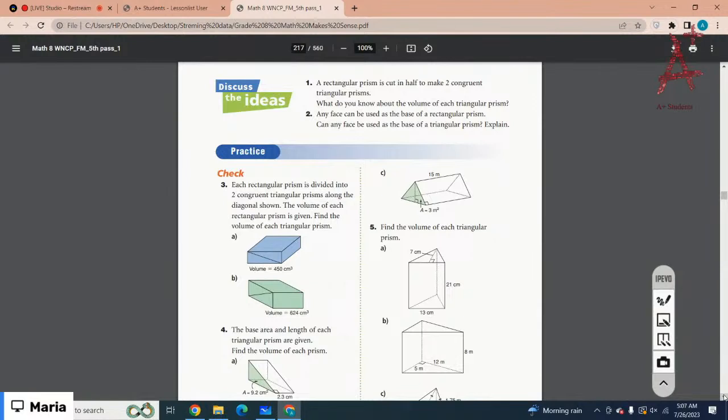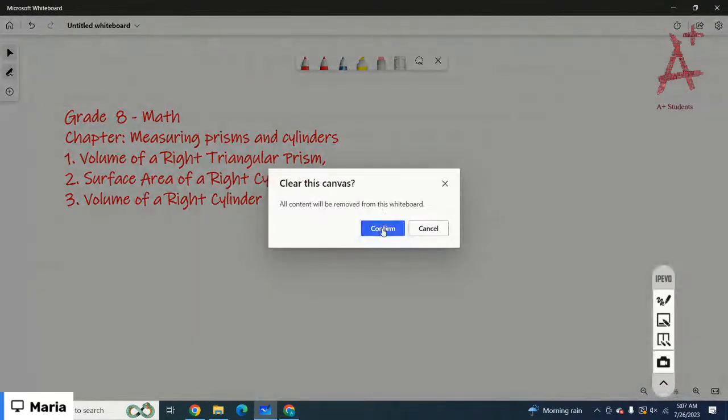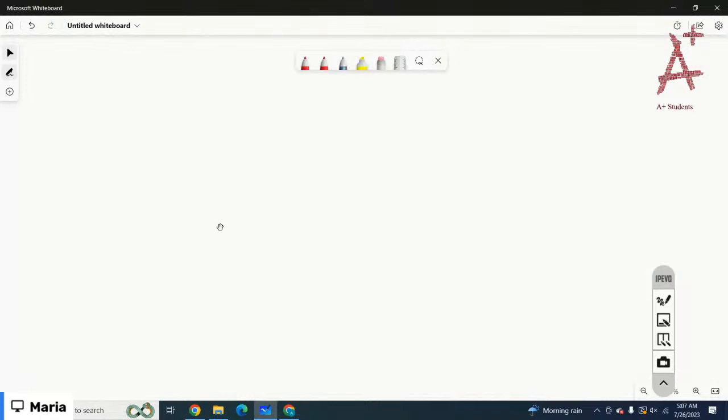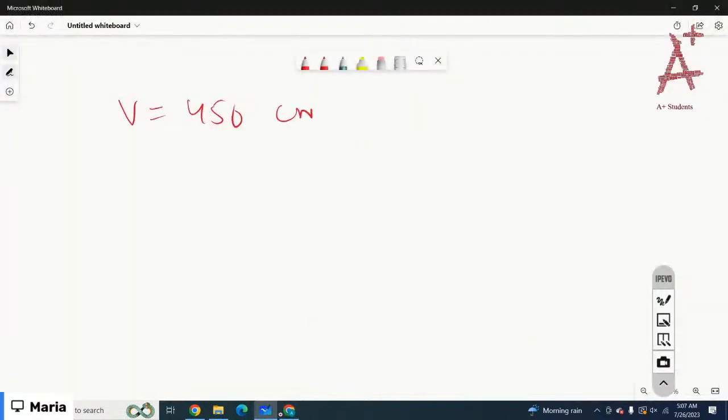For question number 3a, you have to divide the volume of the rectangular prism by 2 to get the volume of the triangular prism. V equals 450 centimeter cube, that is the volume of the rectangular prism.